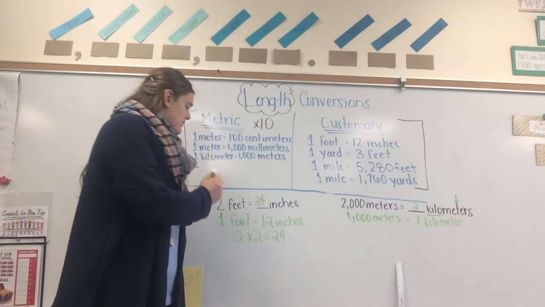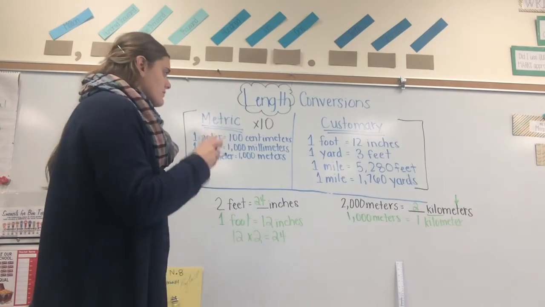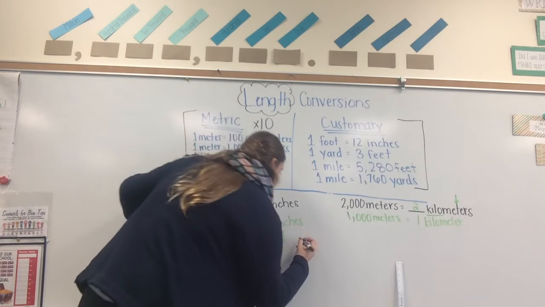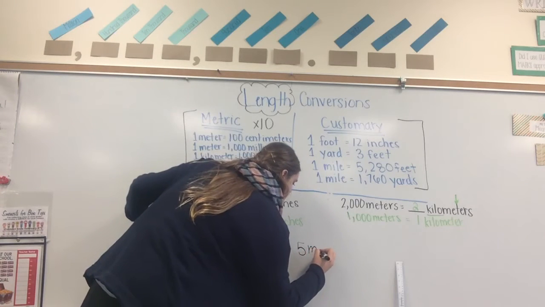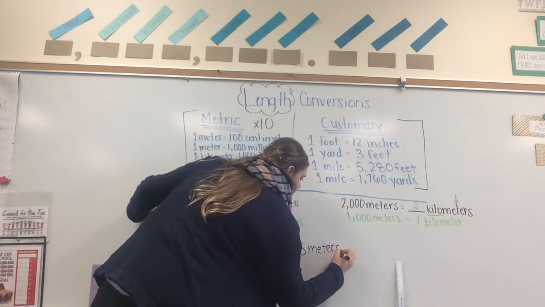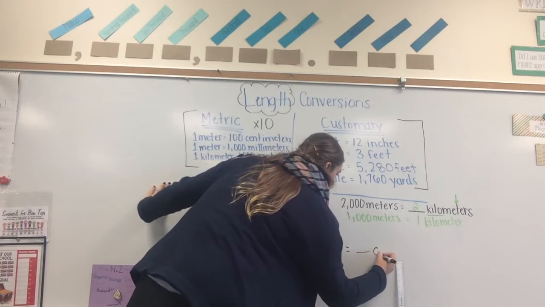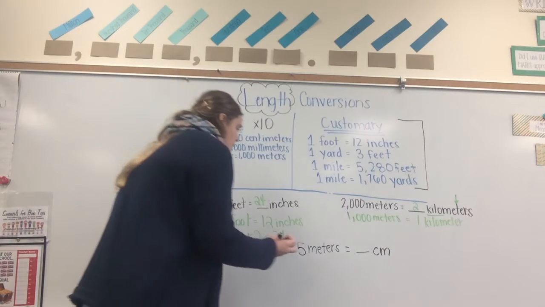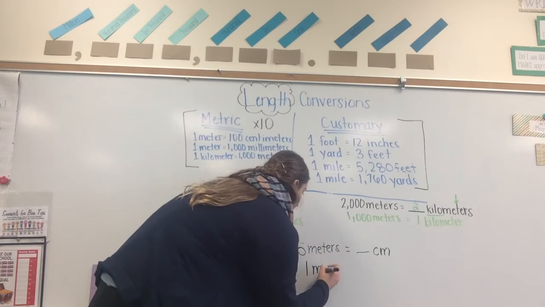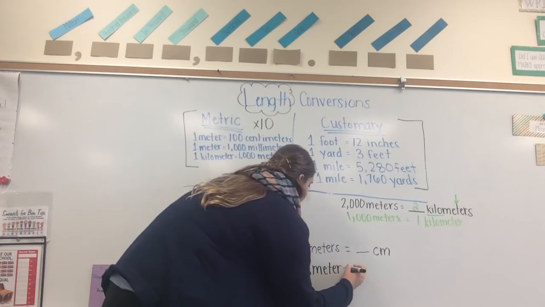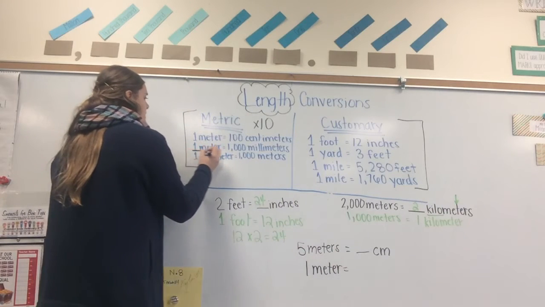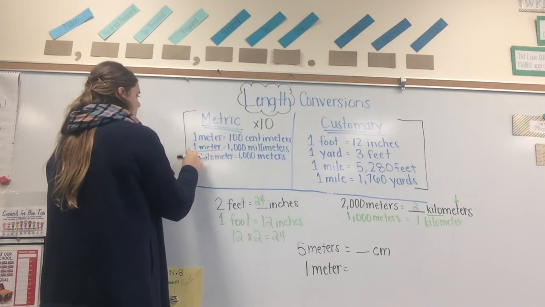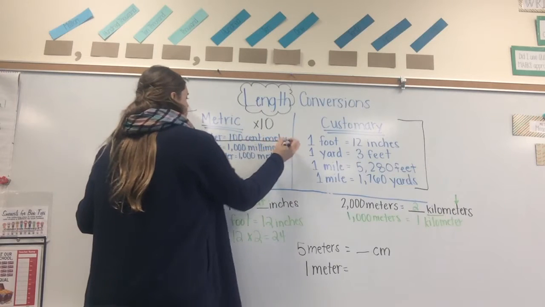Now, what if you have problems like, let's see, 5 meters equals how many centimeters? Well, I know 1 meter from my chart that I copied down. 1 meter, oops, that's the wrong one. 1 meter is the same as 100 centimeters.